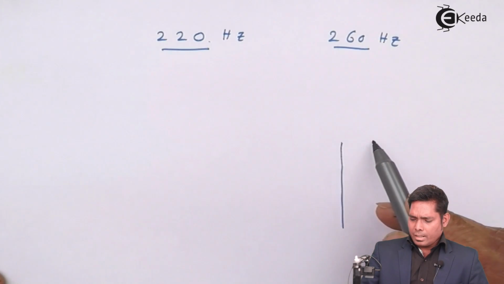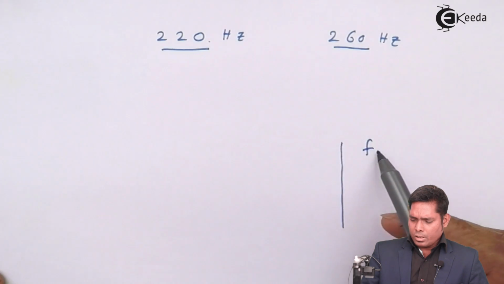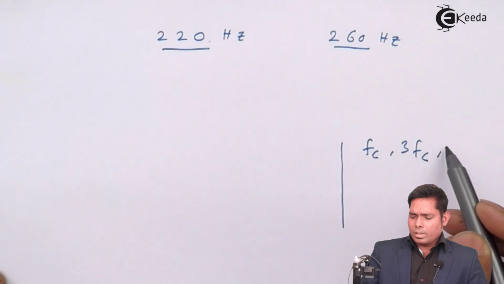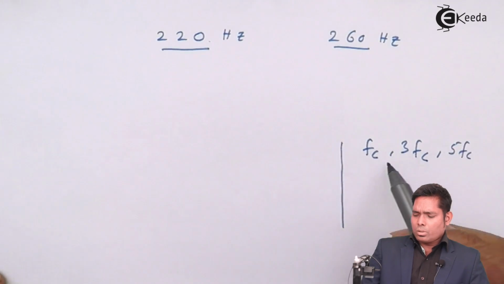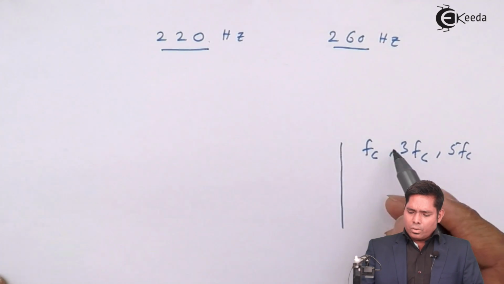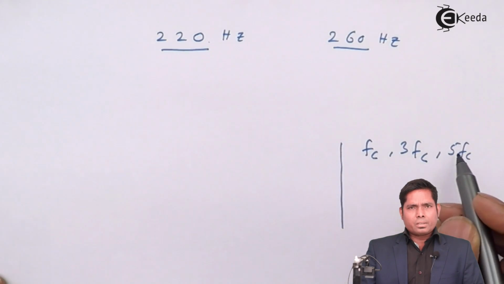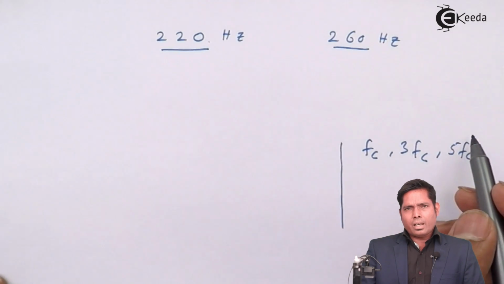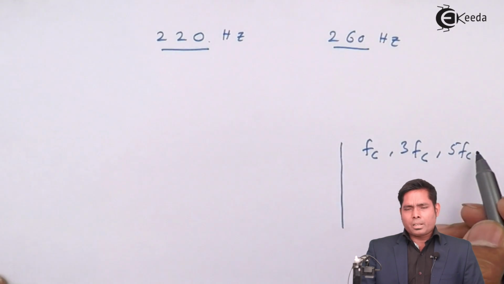Fc is the fundamental, then next is 3Fc, the next one is 5Fc. So the frequencies are odd multiples of the fundamental that are actually present. The even harmonics are absent and the odd harmonics are present.